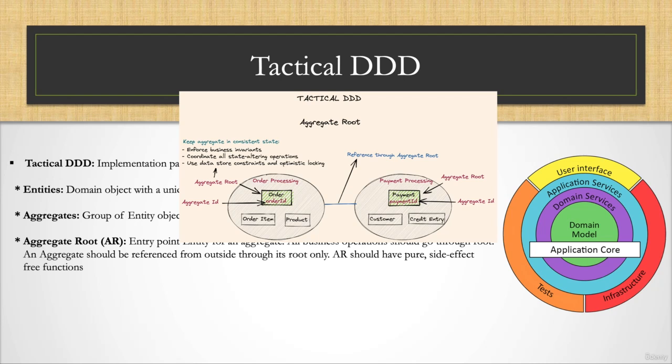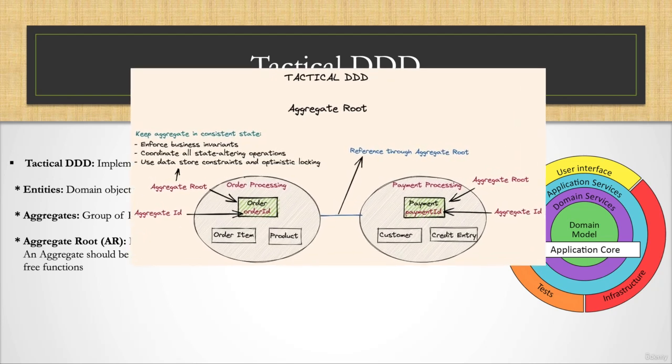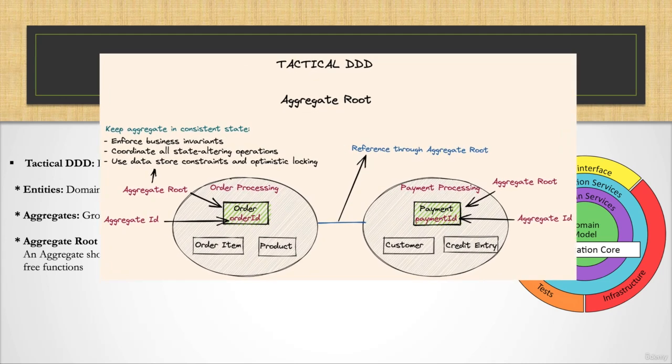So when you have completed all state change operations for an aggregate, before saving the data, you should enforce strict validations each time to keep the aggregate in a consistent state. Also, applying data store constraints and having an optimistic locking will prevent data loss or corrupted data in case of conflicting updates occurring by multiple threads.